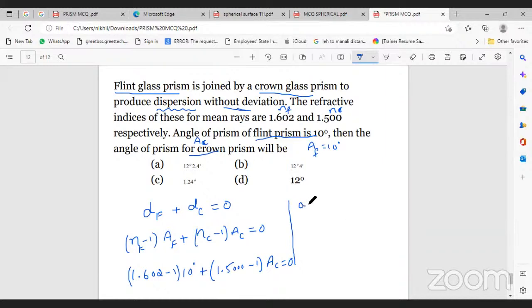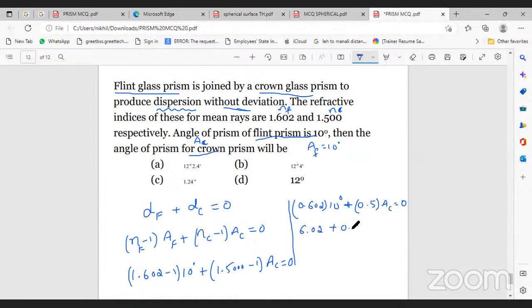This is 0.602 into 10 degrees plus 0.5 into AC, equal to 0.